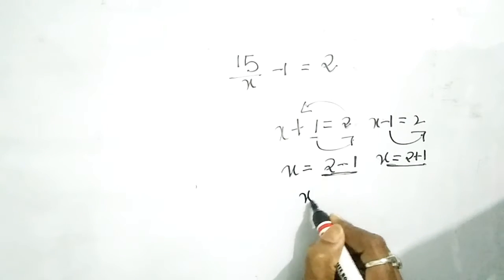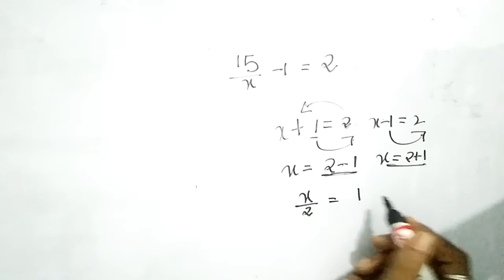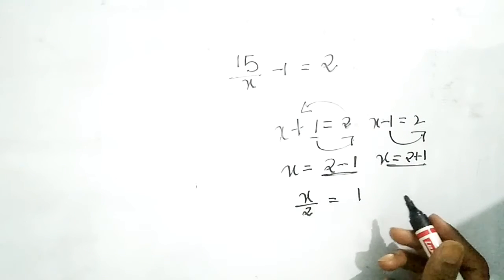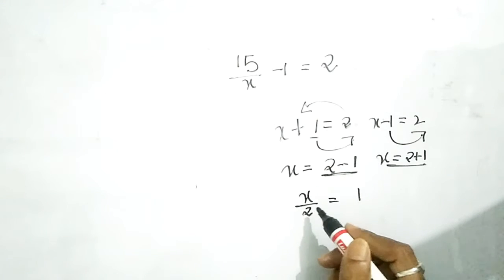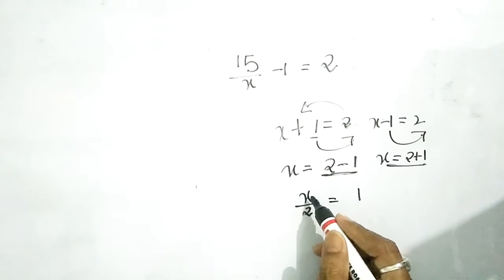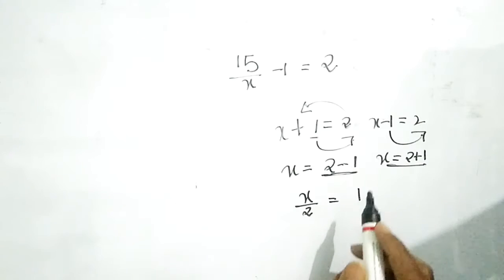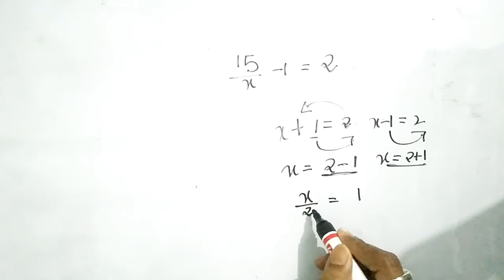Now suppose x by 2 is given. What do we do then? Exactly the same concept. In this case, we have to remove this 2. I already told you earlier, the variable should be alone, and there should not be any number assigned with the variable at last. So how can you remove this 2?